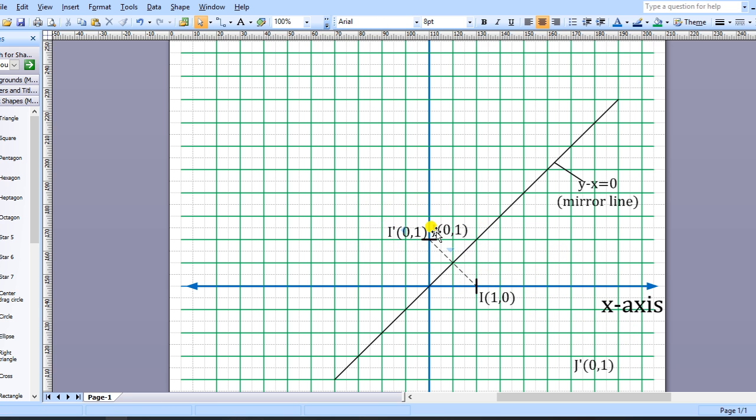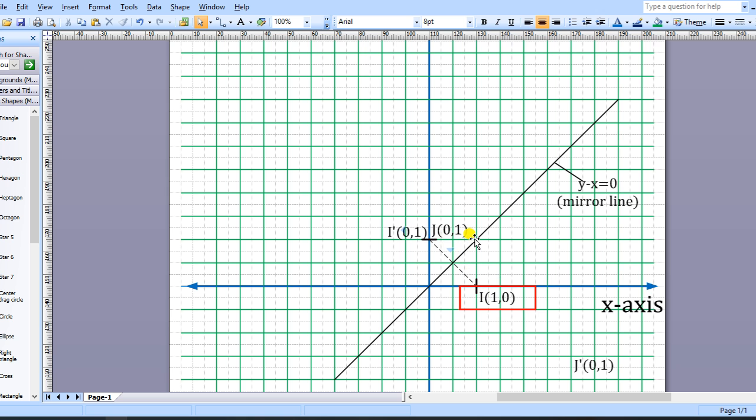Then do the same for J. The distance from J to the mirror line should be the same as the distance from the mirror line to where its image will be. So the image of J will be at the point where I was. Or you can also count: 1 square, 2 squares.